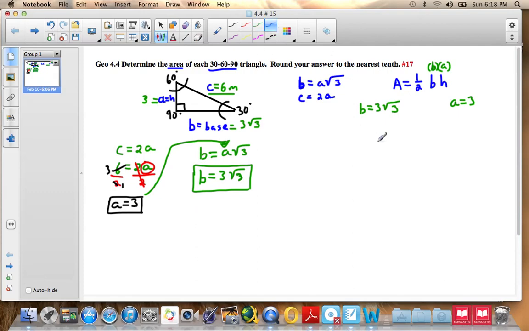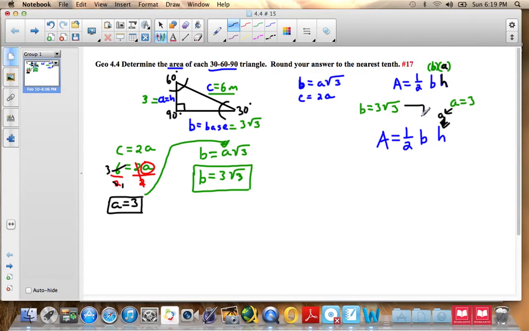So I want to write my equation. A equals, from area, right? This is my equation for area. A equals 1/2 base times height. Well, I said up here that A represents H. So if A represents H, and A is 3, then H must be 3 as well.